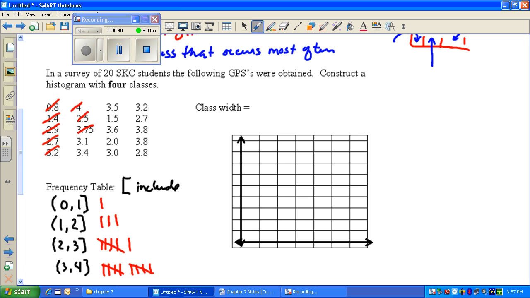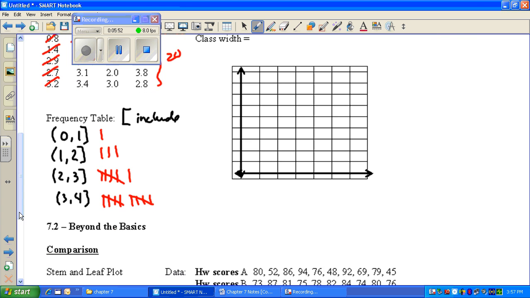Now, if I count the number of pieces of data here, I have 1, 2, 3, 4, 5 by 1, 2, 3, 4, so there's 20. I said there would be 20. And if I total my tally marks, I have a 10, a 6, a 3, and a 1, which totals 20. I like to total to say, oh, I've accounted for everyone. Now what we need to do is make it look like a bar.